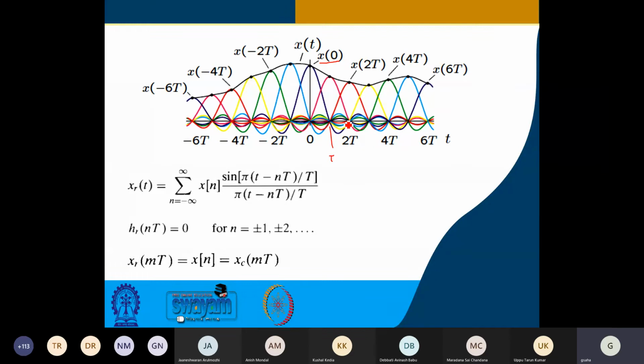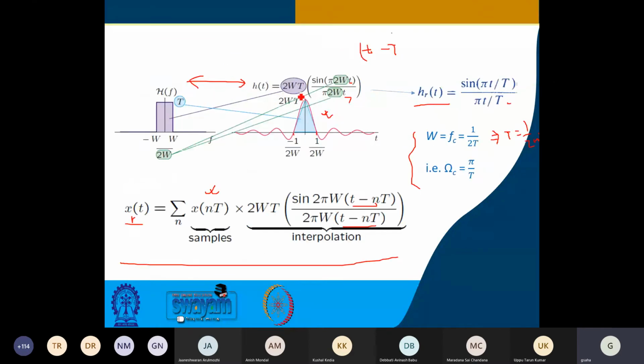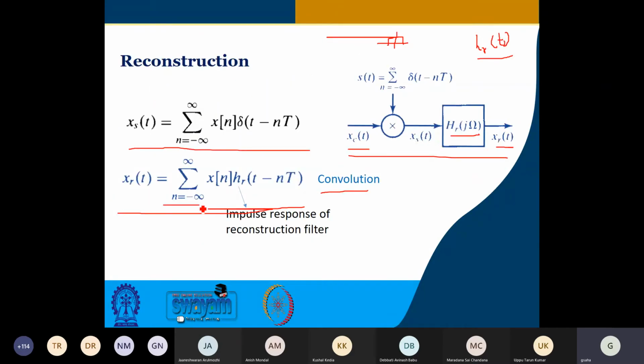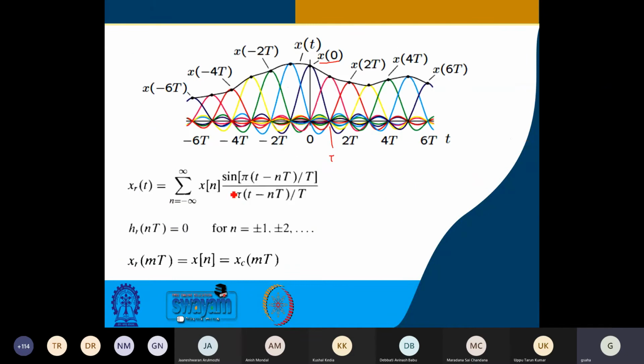Similarly, it will have its first zero crossing at capital T. So overall from 0 to T, and then 3T, 4T, etc. So this way you will have all the n equal to minus infinity to n equal to plus infinity as per this convolution equation in place, right? And these are the different sinc functions that you will get.